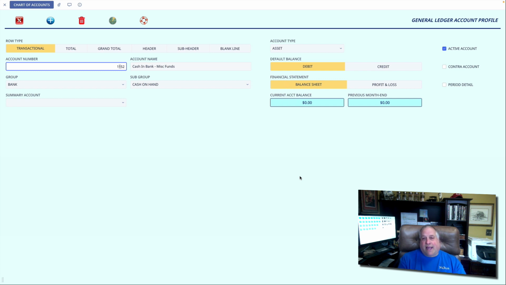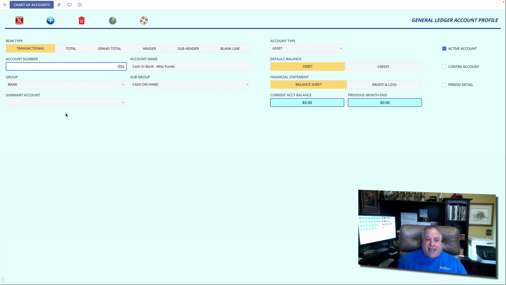It also allows us to define whether we want very detailed, low-level, or more summarized, high-level financial reports. And that's where these two other options on the left side of the row type come into play.